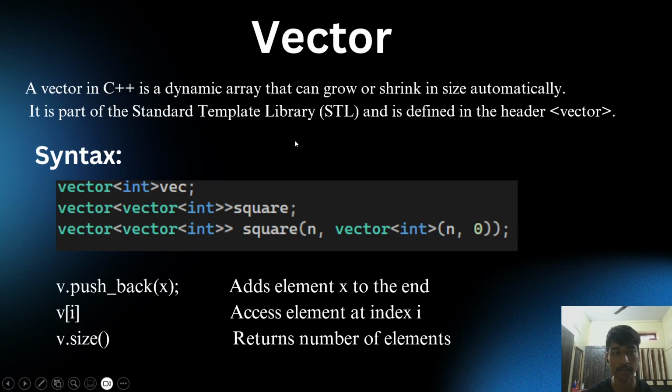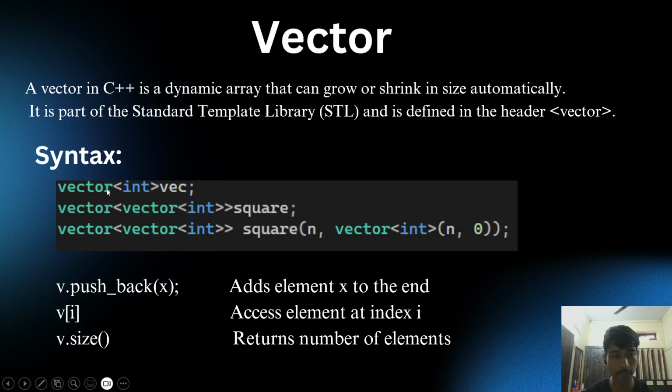So let's start with vector. A vector is a dynamic array that can grow or shrink in size automatically. So the size of a vector is not fixed, which is a problem with arrays, as we all know. It is also a part of the standard template library. The syntax of vector is as shown.